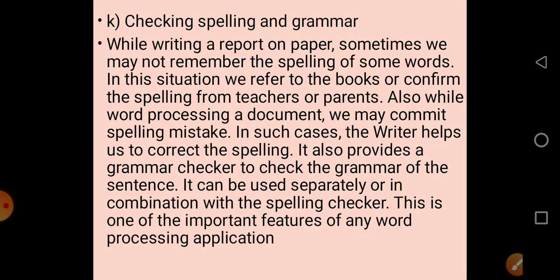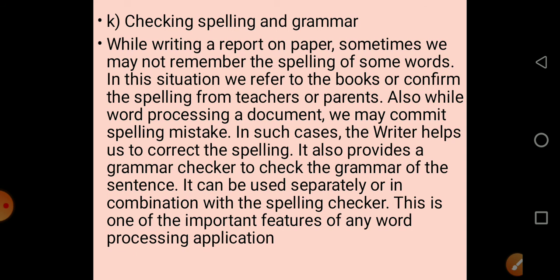Next, checking spelling and grammar. As you type text in a document, there may be spelling mistakes. You may have spelling mistakes or you may not. You may have grammatical errors or you may not. But we have a special feature in LibreOffice Writer to check the spelling and grammar. How to check the spelling? There is an inbuilt dictionary in each and every application.